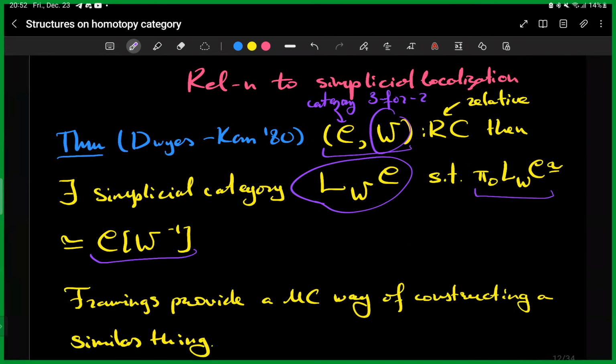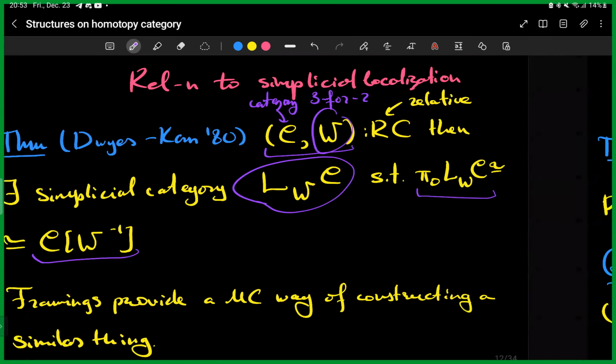So that's just like a weak version of a homotopical category. Instead of 2-out-of-6, we require only 2-out-of-3.